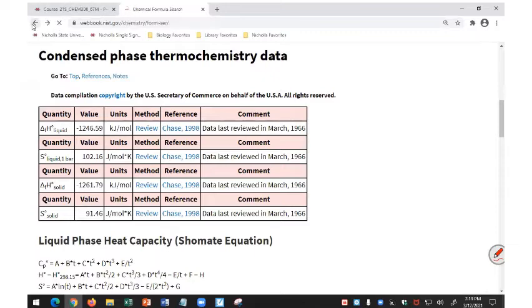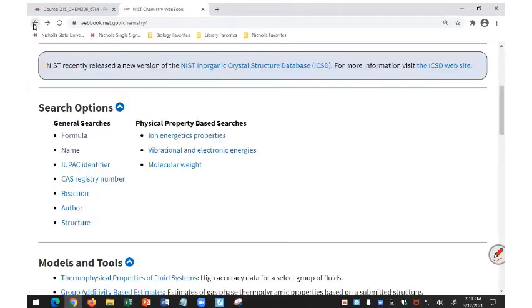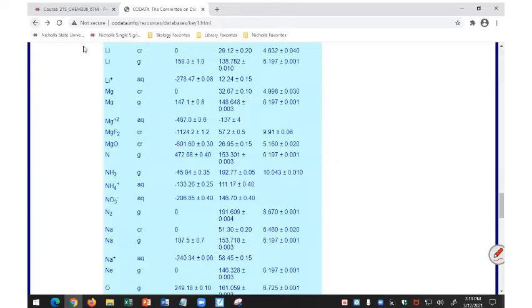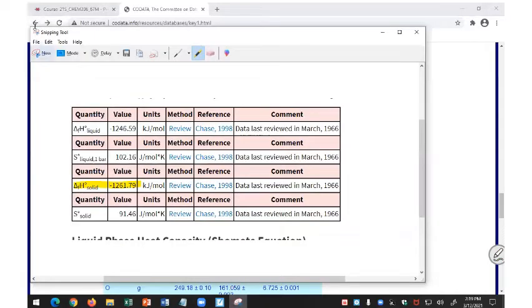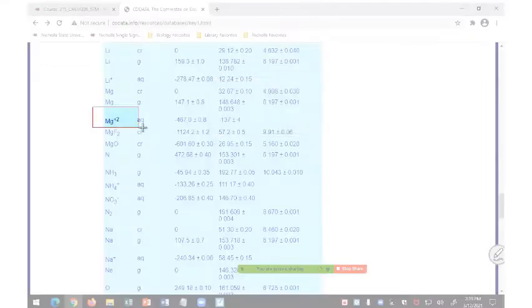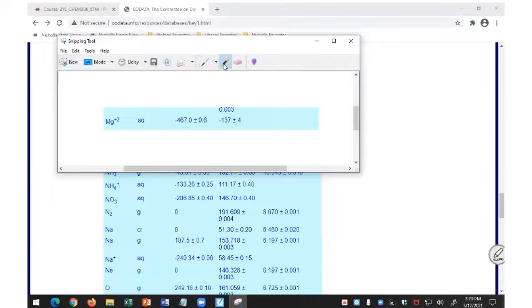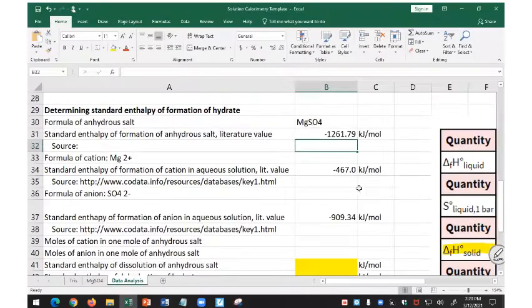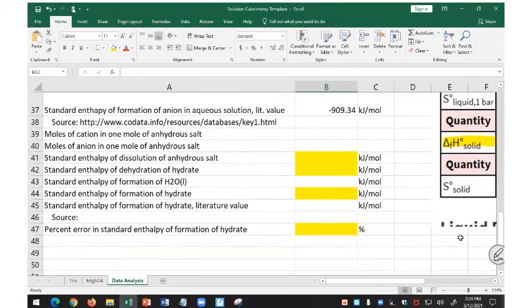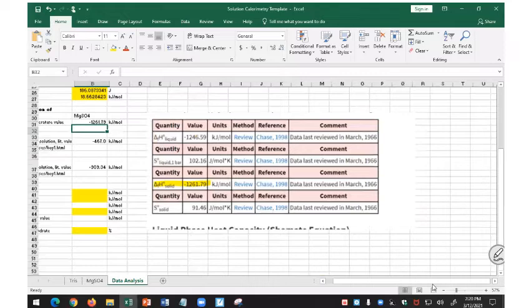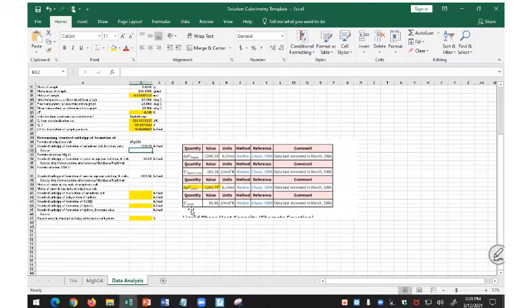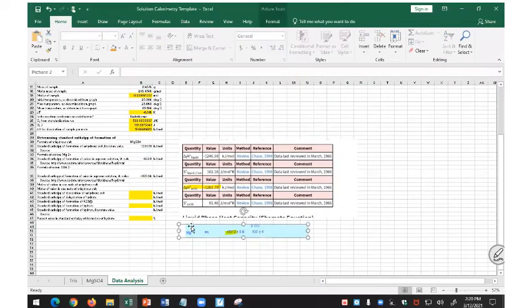What was that other one? The CODATA website, magnesium ions. So let me take a screenshot of that. Right there. Okay. And it's 467. Copy that. I'm just going to put that over here. The magnesium ion, I'll put it here.